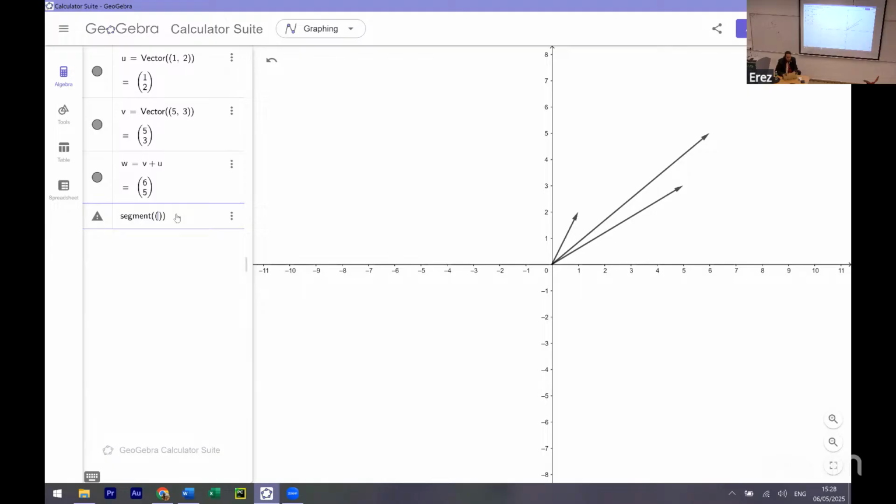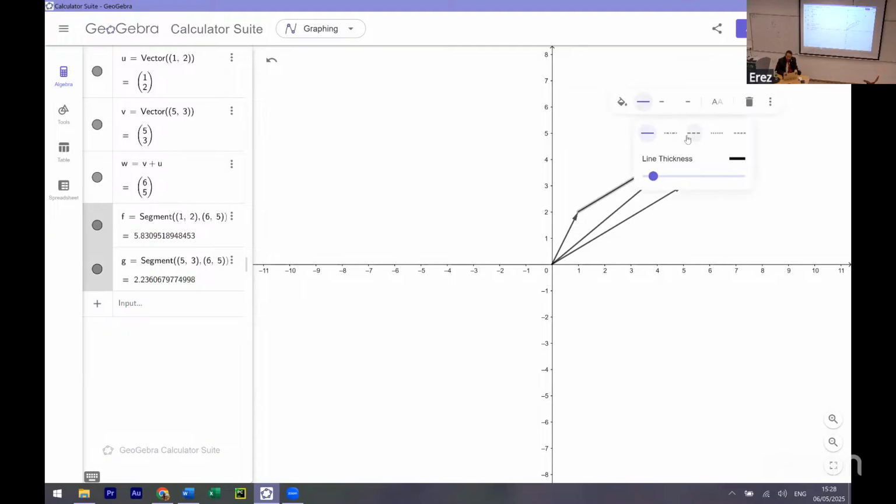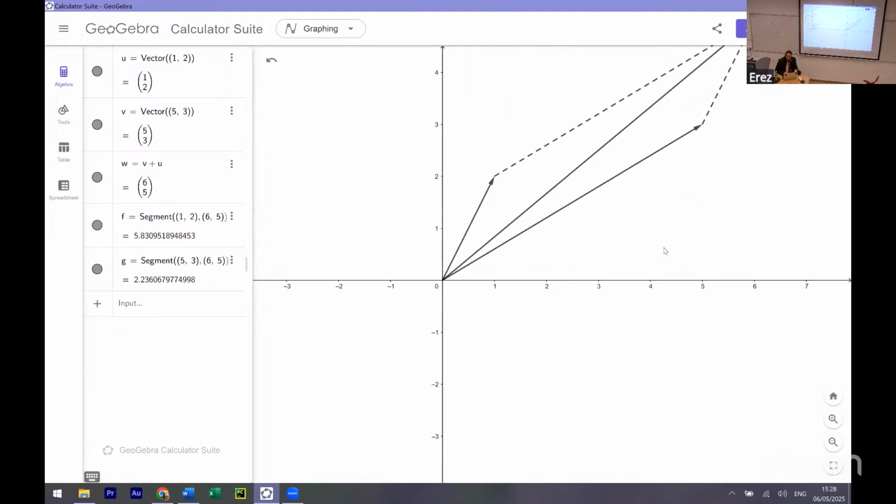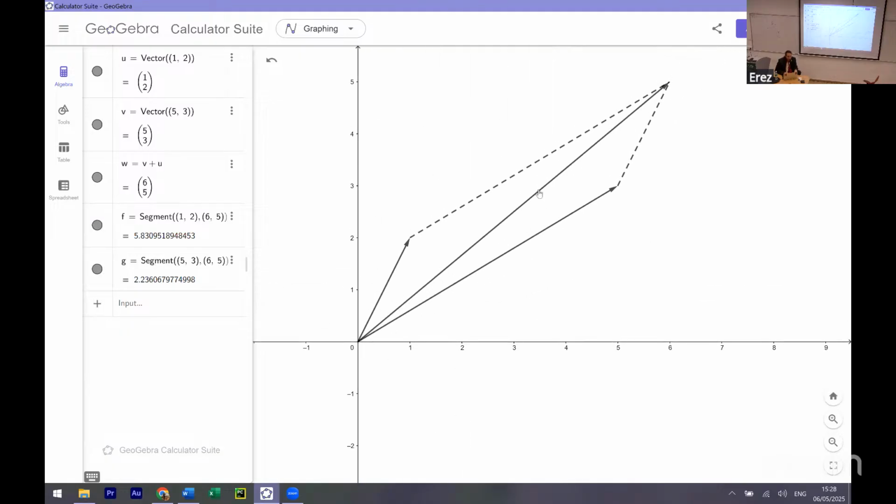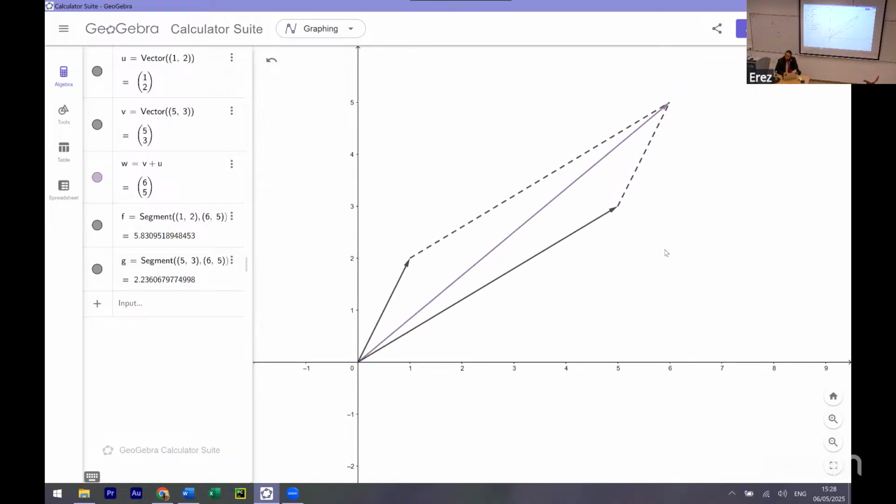Segment (1, 2) to (6, 5). Segment (5, 3) to (6, 5). You can see the parallelogram that the two original vectors created, and their addition is the diagonal of that parallelogram. Agreed? Parallelogram.